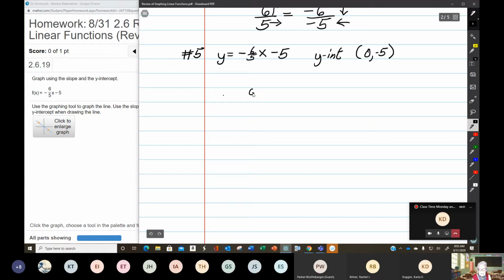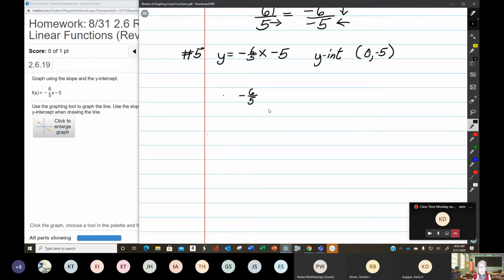Now, the slope is going to give us a roadmap, but we have to analyze this. This is 6/5 with a negative sign out front. That is not much of a roadmap. Not when you need to decide, am I going to go up or down, or am I going to go left or right? So what you're going to have to do is at least mentally change this.